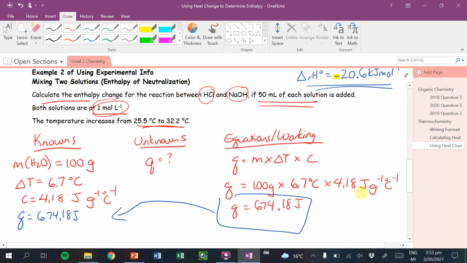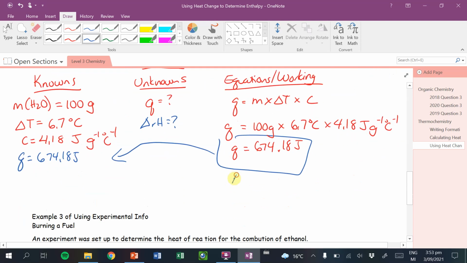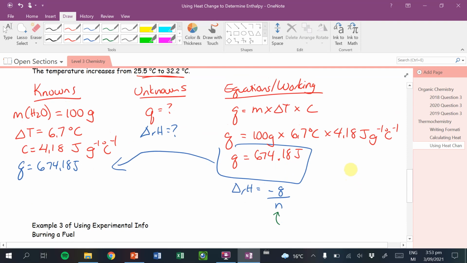We are thinking back to that other equation we were looking at, which is the delta H. So I know I'm doing something with delta H equals negative Q divided by n. I can't use that equation quite yet because I need to know what n is. So let's go back and do another step. In fact, this is basically a 3-step calculation.